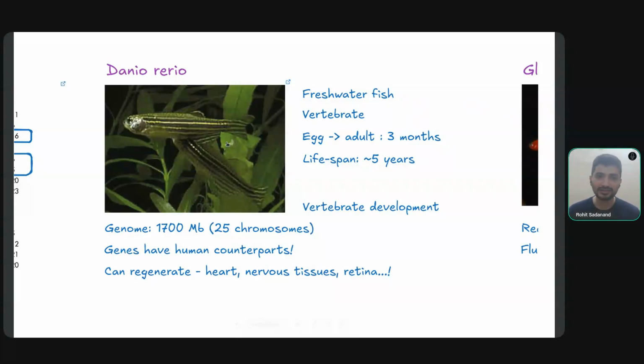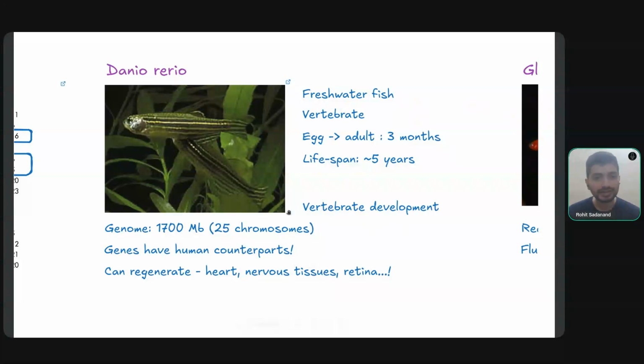And even as the fish is growing from its egg to the adult form, you can see how the organs are actually developing throughout the course of its growth as an embryo. That makes it a very interesting organism to study because you don't have to do anything invasive to look at these things. And this becomes a very good model for vertebrate development.